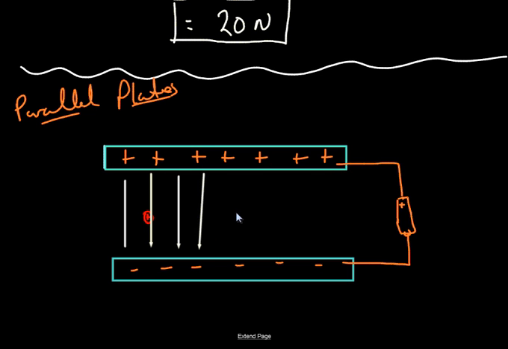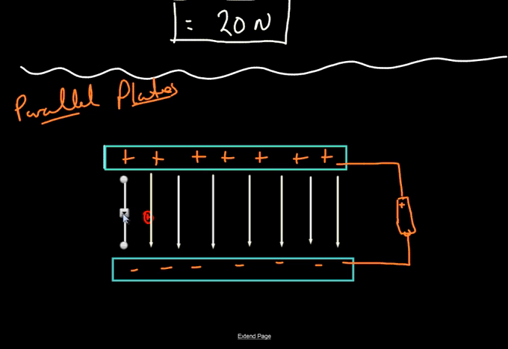And interestingly, what this means is the field is the same anywhere inside of this parallel plate system. Let's say that you know what the field strength is in here. Next year in physics, you'll learn more about how to figure some of this out on your own.